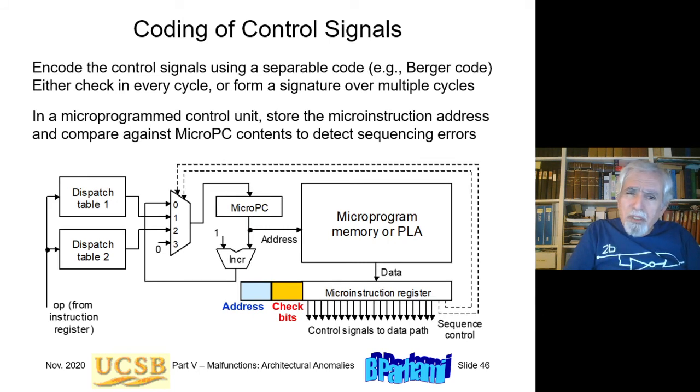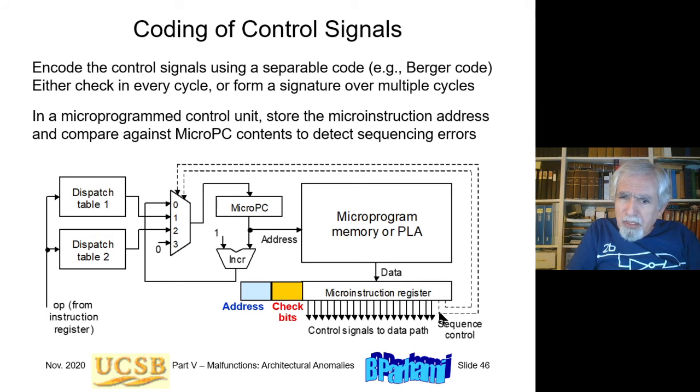We can code control signals. For example, here you see a microprogram control unit where micro instructions are read from the microprogram memory, and the micro instruction is used to control. It contains control signals for the data path.